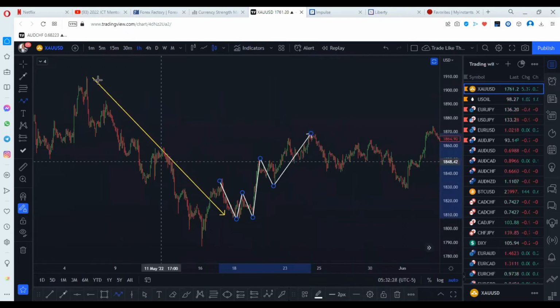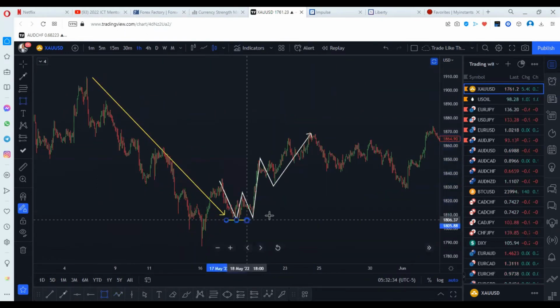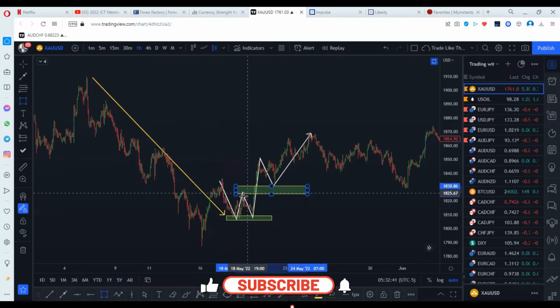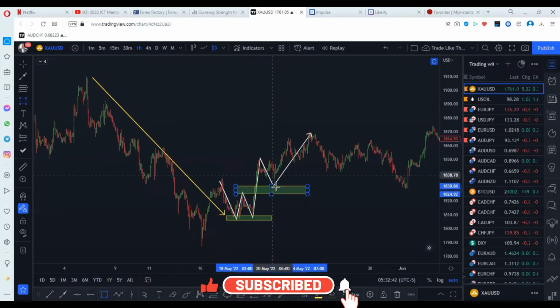See that, guys? We're moving from a downtrend. We have our double bottom. We have our violation of this area. Price pushes back down, trades in it, and we're out.